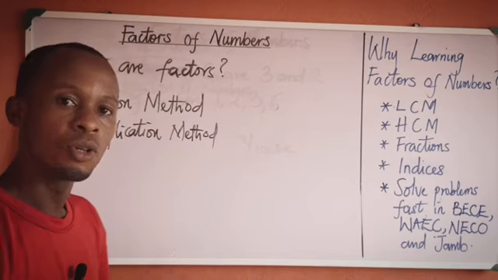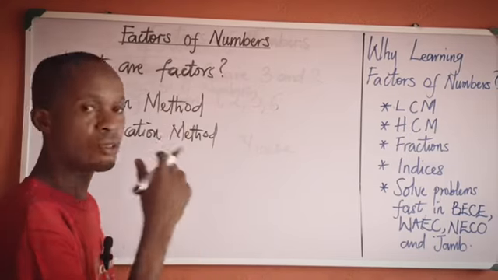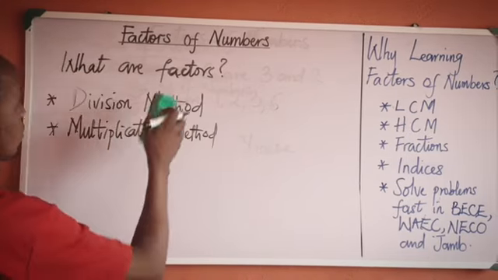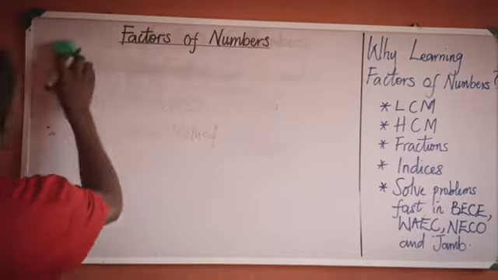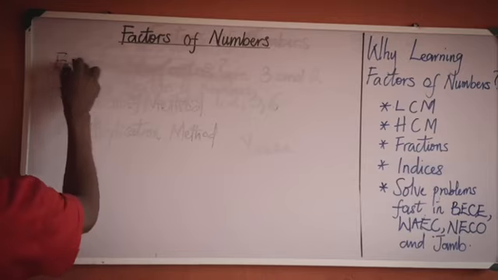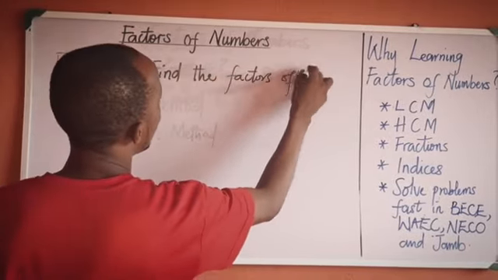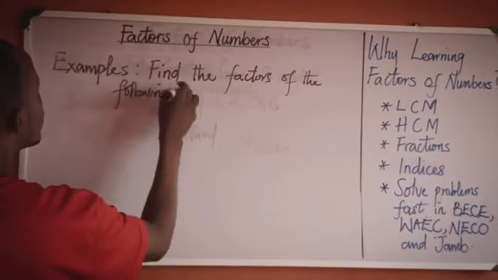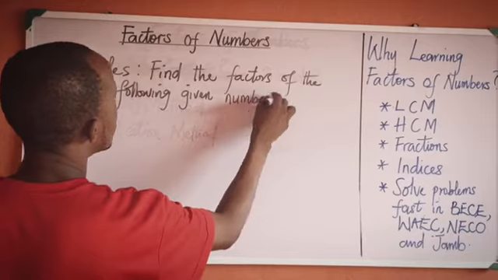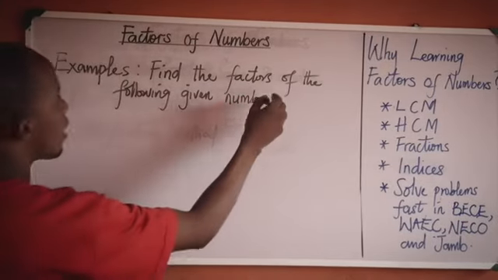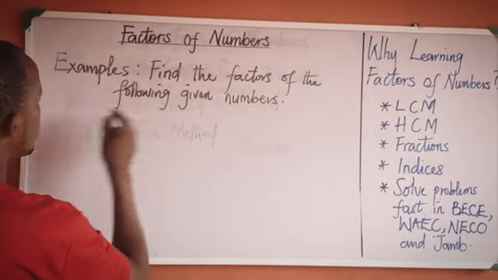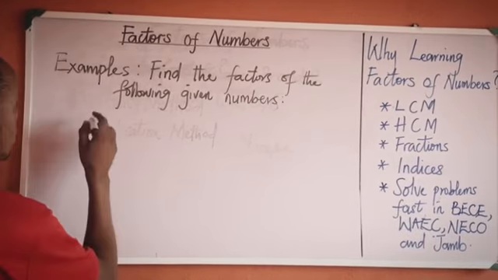This is how we can go about finding factors of numbers. Giving examples. Find the factors of the following given numbers. And what are these given numbers?